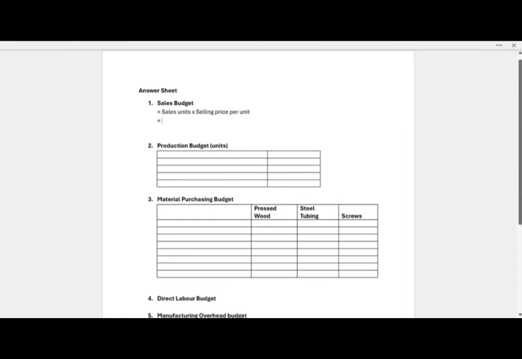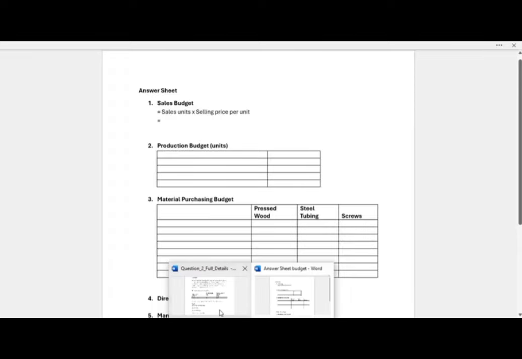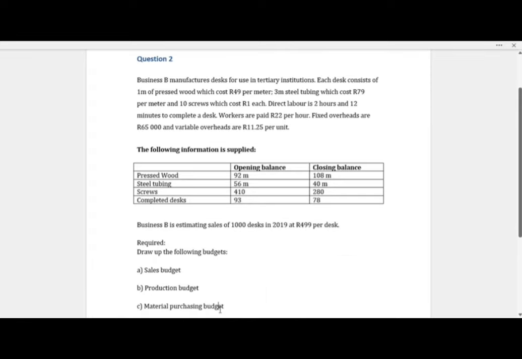So let's check how many desks are estimated to be sold. Here is the information for the sales budget. They say business B is estimating sales of 1,000 desks in 2019 at 499 rand per desk, right? So 1000 is the sales unit here.